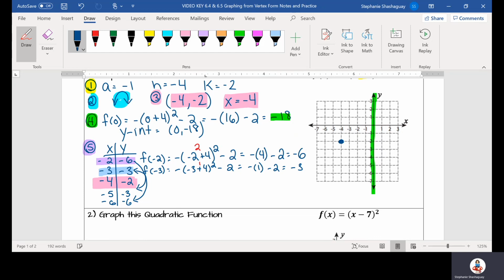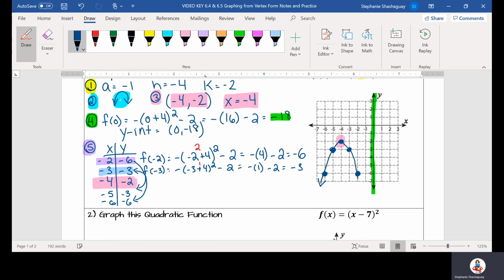So now I can go ahead and graph these points. (-2, -6) right here, and (-3, -3) right here. My vertex is already graphed. (-5, -3) right here, the reflection point, and (-6, -6) right here.